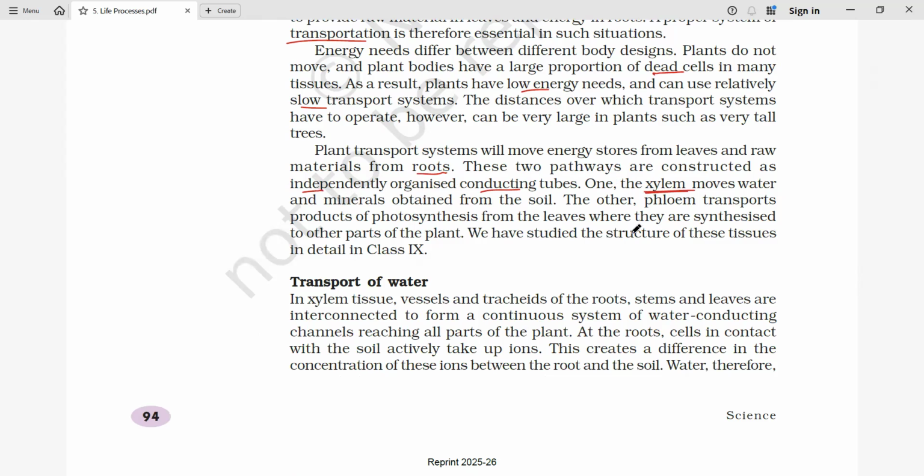Xylem moves the water and minerals from the soil to the different parts of the plant. Whereas phloem transports the products produced during the photosynthesis process from the leaves to the different parts of the plant.